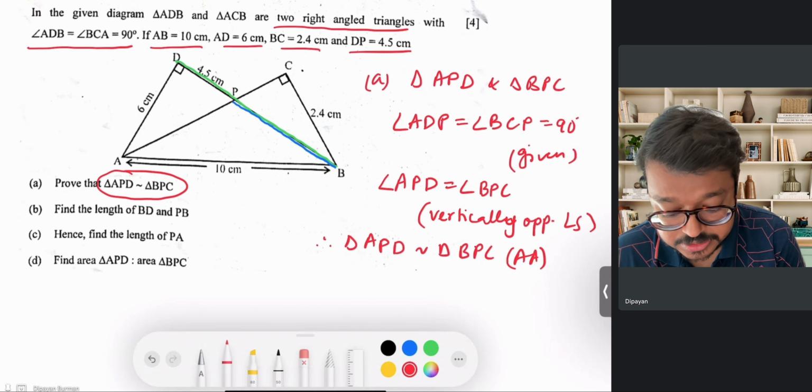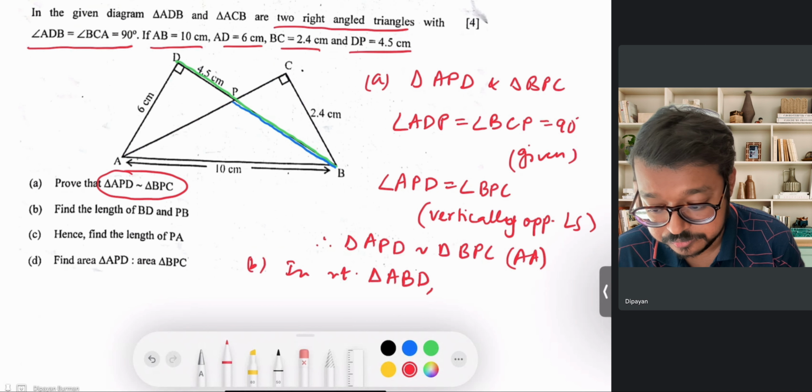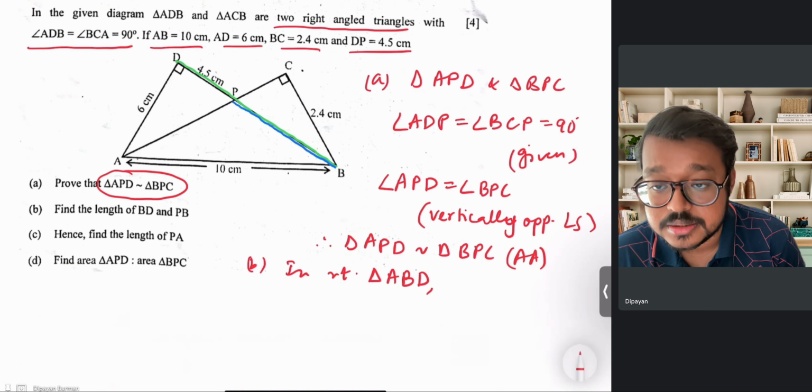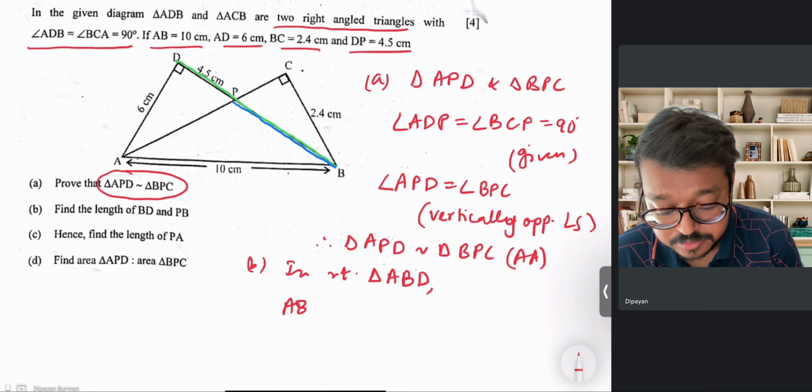So I will say that in my right angle triangle ABD, the hypotenuse is AB. So AB square will be equal to AD square plus BD square.